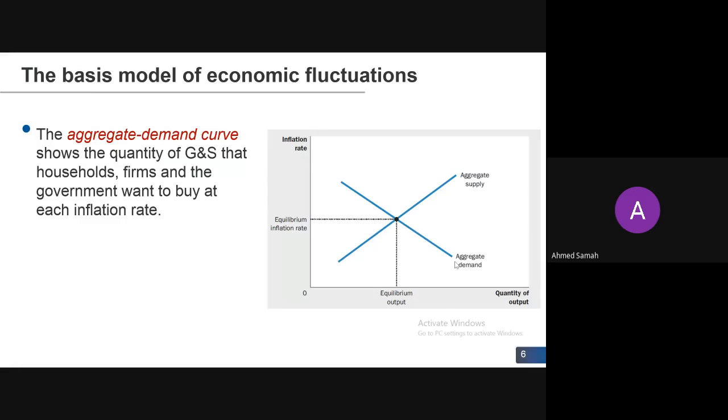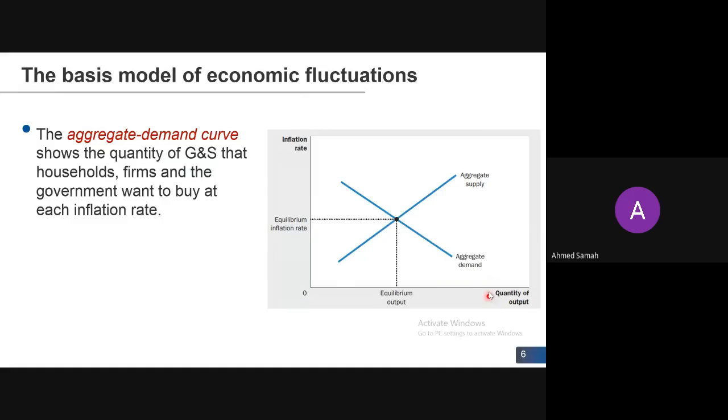So you guys will remember from the microeconomics part, the demand curve has price on the vertical axis, but at the macroeconomic level, the aggregate demand curve has the inflation rate on the y-axis, and on the x-axis we have the quantity of output or the GDP level.